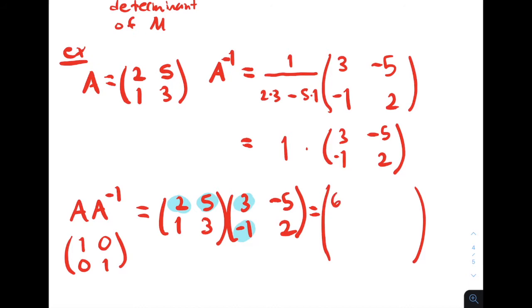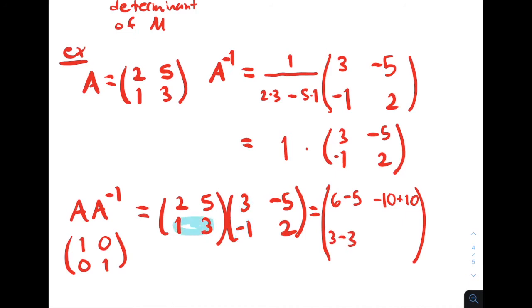So we'll have 6 minus 5. We'll have 2 times negative 5, which is negative 10, plus 5 times 2, which is 10. We'll have 1 times 3, which is 3, plus 3 times negative 1, which is negative 3.